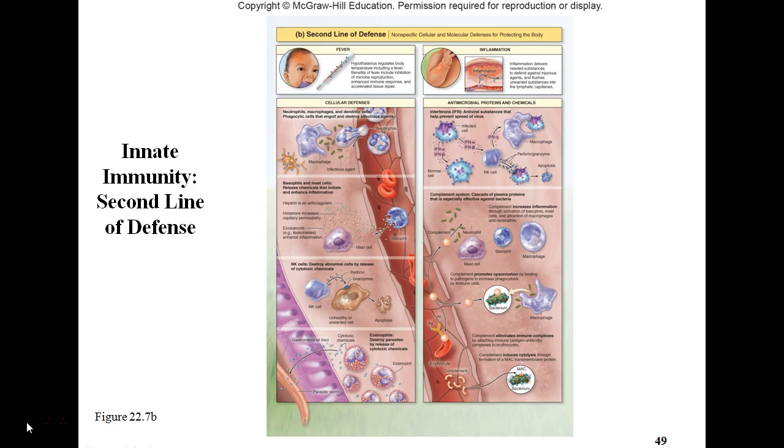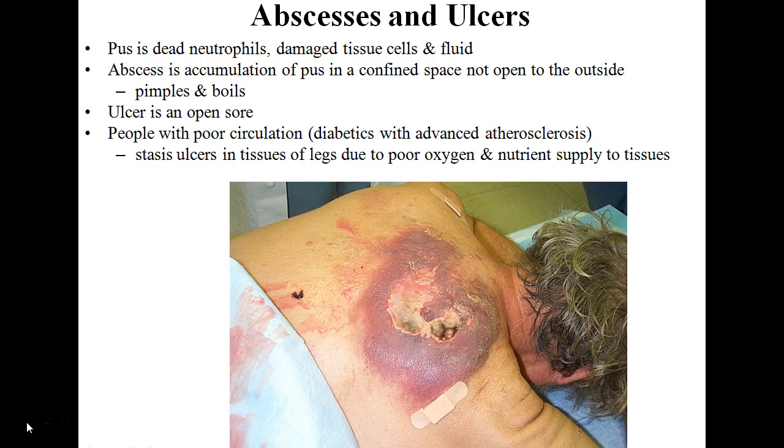Things like cellular defenses by the leukocytes, and then molecular defenses such as antimicrobial proteins and complement are going to help fight in the second line of defense. So in summary, in our innate immune system, we have a first and a second line of defense to help with immunity. Our next section is going to discuss adaptive immunity, how we have a specific response.